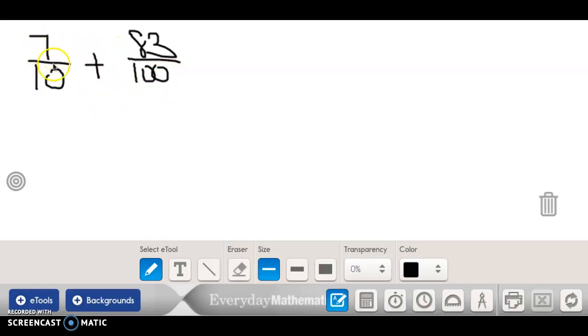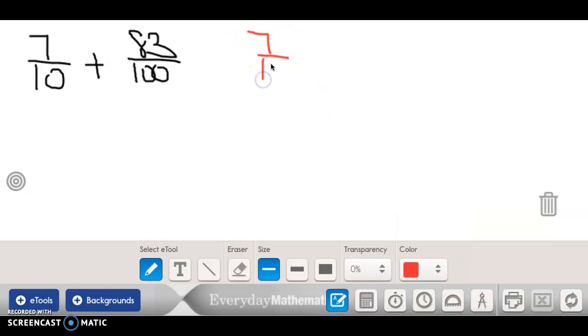Well, I know I can convert 7/10, that's simple, but when I look at 83/100ths, in the numerator I have 83. That ends in a number other than 0, so I will not be able to change the hundredths number. It will need to stay the same. So instead, I'm going to change 7/10 into hundredths.